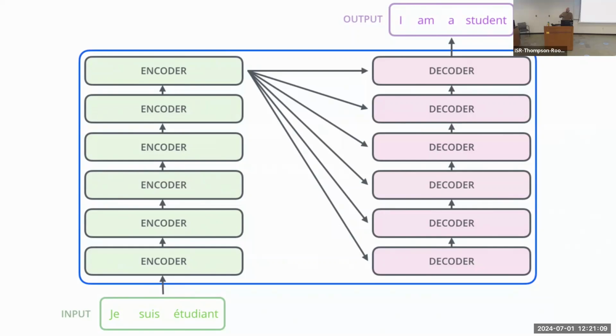You throw it into an encoder, it encodes it, does a similar thing as the previous thing that I showed you, then a decoder, and it gives you an output, I am a student. So these models have been incredibly efficient at translating, for example, text. If you use any type of deep learning, for example, for translation, they work really well. So that's the architecture that ChatGPT is based on.